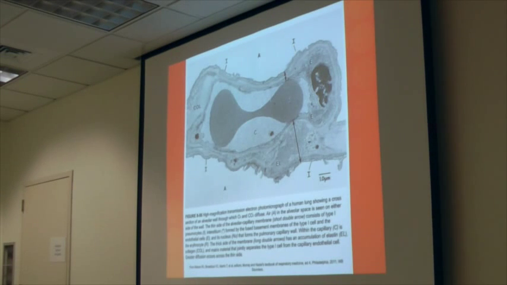What is the point of this? An alveolar wall through which oxygen and carbon dioxide can diffuse. Okay, so we've got the alveolus, we've got our alveolar epithelium, and then here we have our capillary and the capillary endothelium.